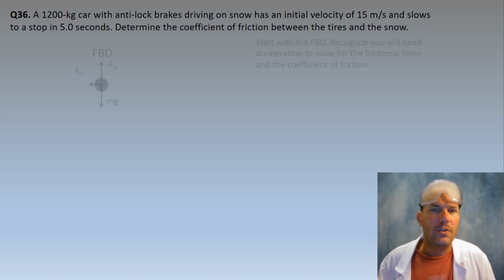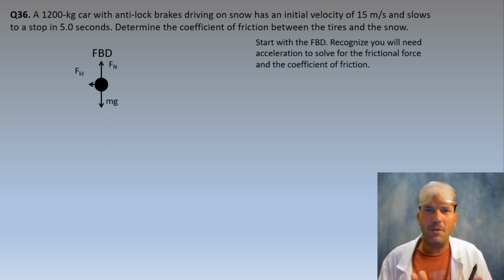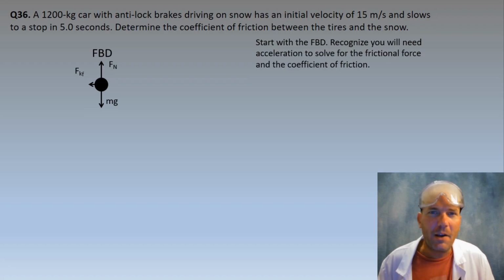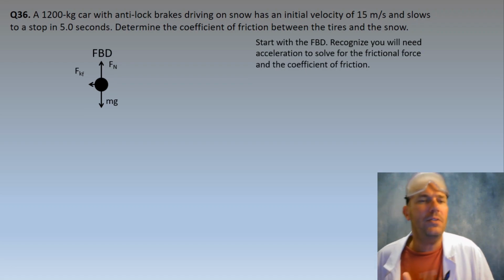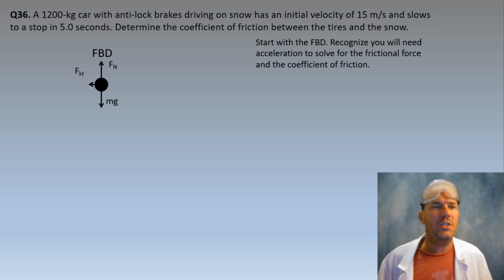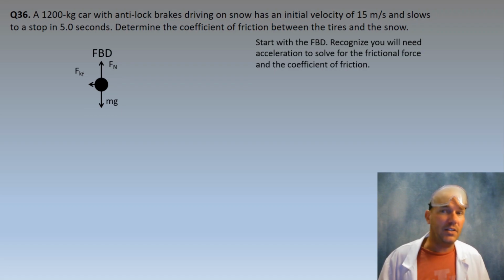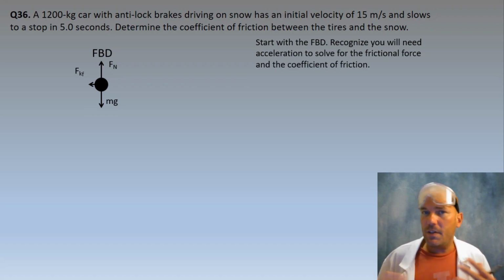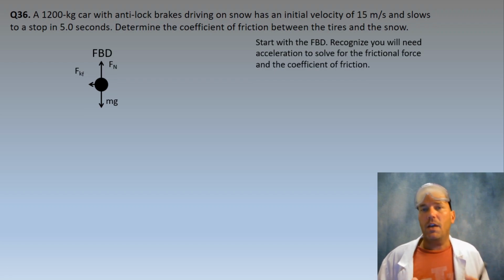Well, we better start with a free body diagram, and we're representing normal force as equal and opposite in magnitude to the weight, and we have a force opposing the motion. So if the vehicle is presumed driving to the right, so the velocity is positive, then the force of kinetic friction would be opposite of that and to the left.